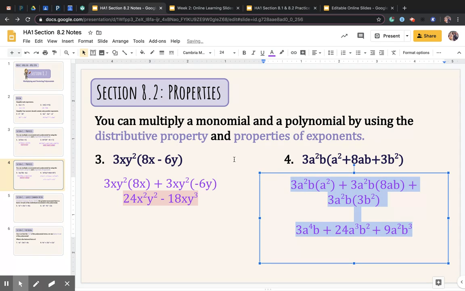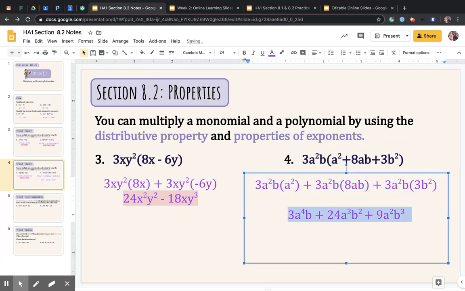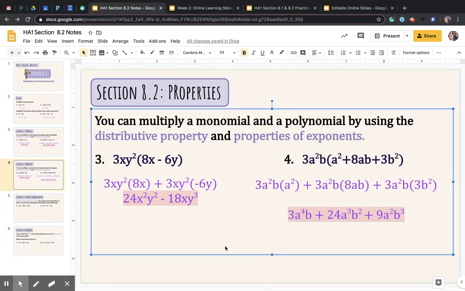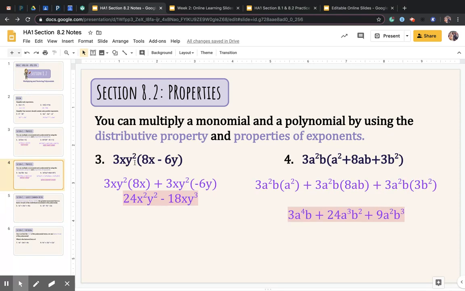I think it'll fit. Oh, maybe not. And this is our final answer for that. So this is just multiplying a monomial by a polynomial. So the first one, binomial, trinomial, binomial, trinomial.